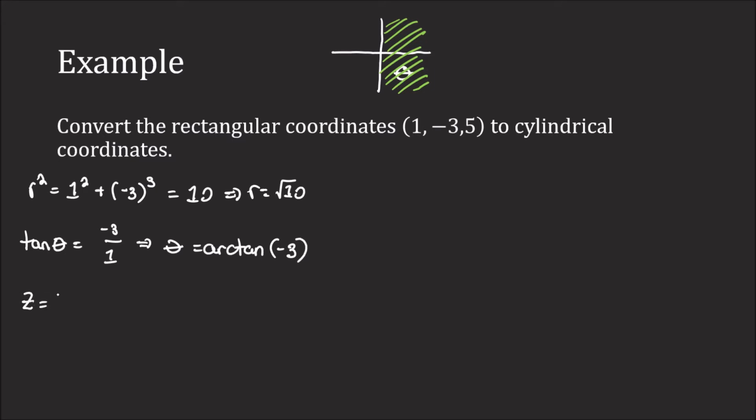And z is just z. So our point in cylindrical would be the square root of 10, arctan of minus 3, and 5.